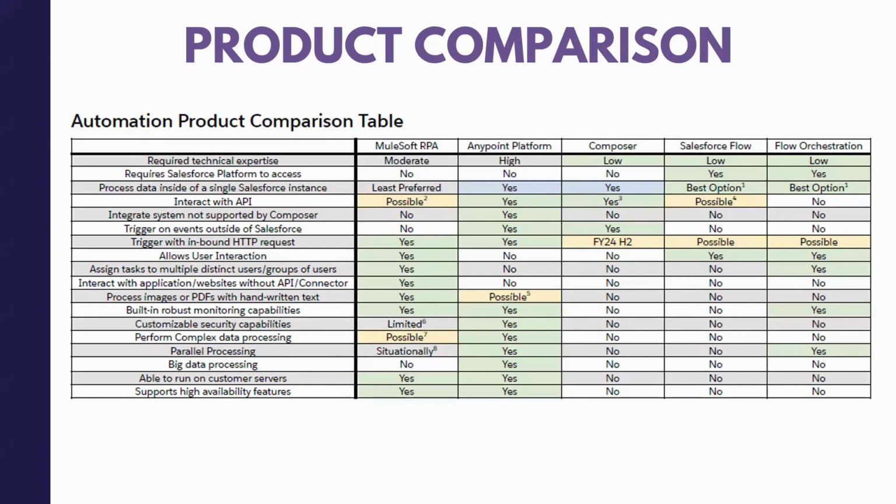Okay. And so depending upon what you're looking for, for example, if you need to trigger with an inbound HTTP request, okay, MuleSoft RPA, Anypoint Platform, Composer by this quarter. And I do believe that did happen, if I recall. It is possible in Salesforce Flow and in Flow Orchestration, but is that the best place for it?